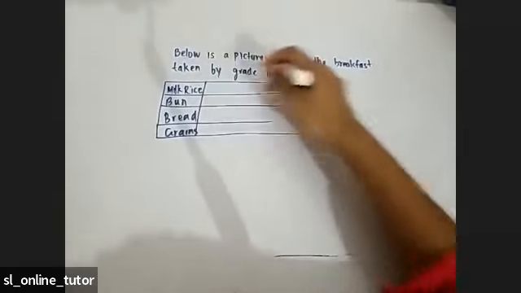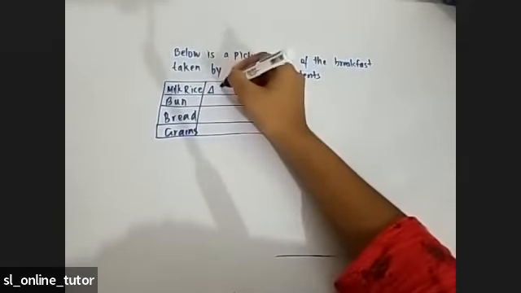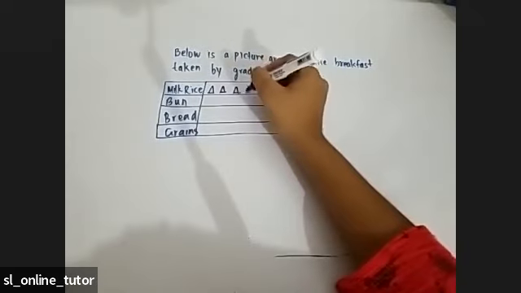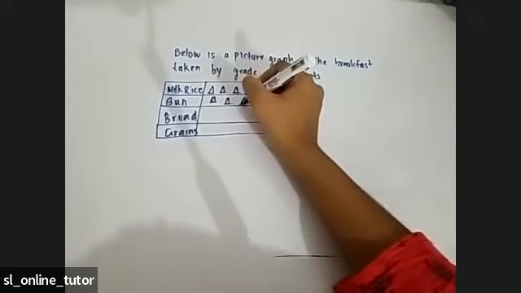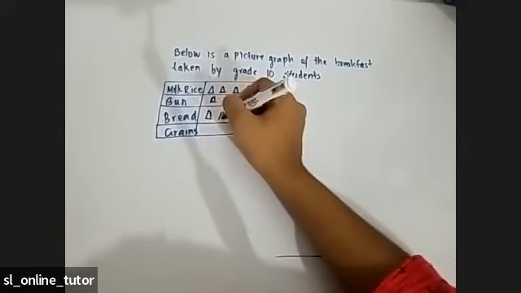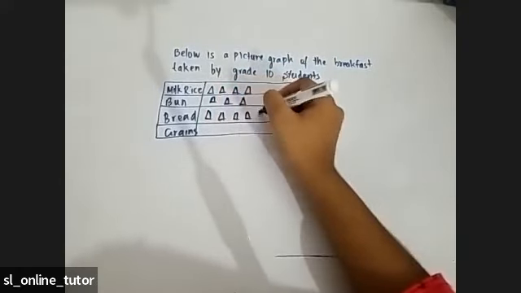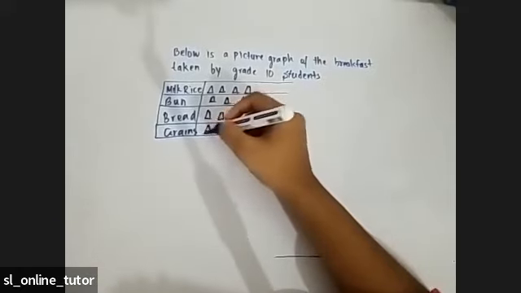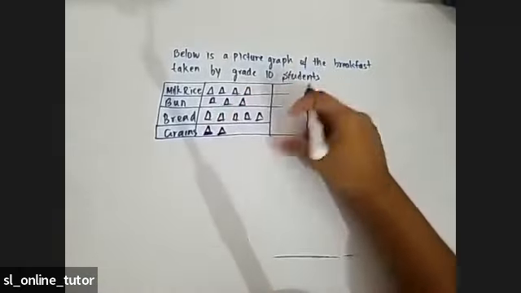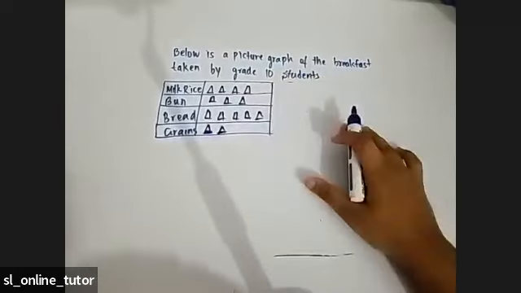I'm going to denote them by pictures. Let me take a triangle. 4 triangles for milk rice, 3 triangles for bun, around 5 triangles for bread, and 2 triangles for grain. So grain is not much, children are not much interested.